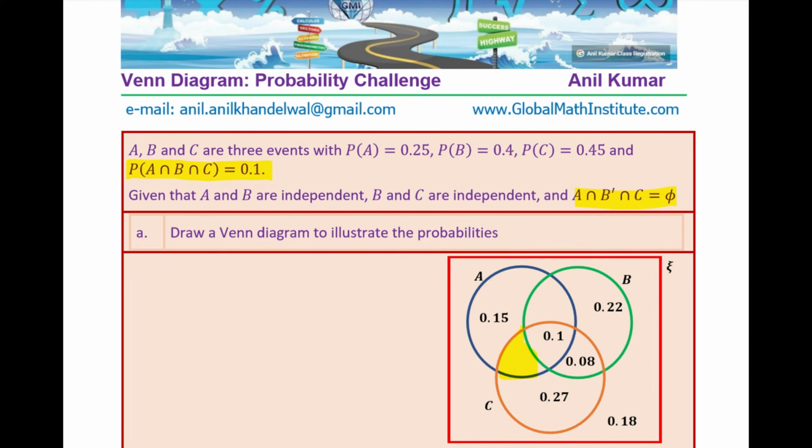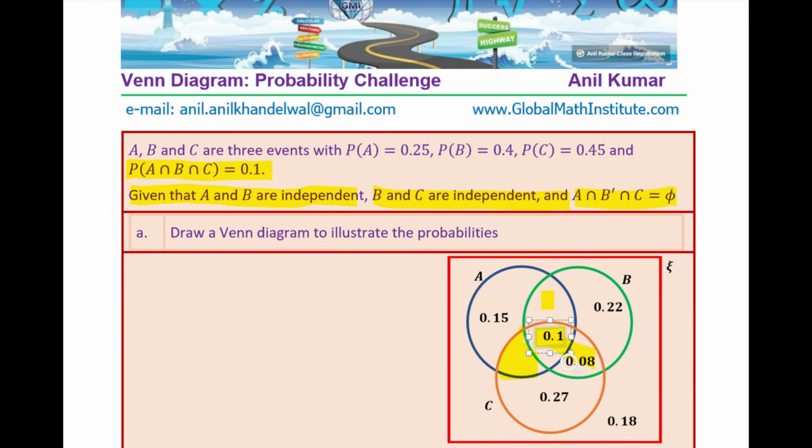First step, write 0.1, and then individually figure out the intersection of A and B. We are given this particular condition, so find what should come here. Then move on to the intersection of B and C, that is this region, and you'll get a value which came to 0.18. 0.1 was already there, so we wrote 0.08 here.